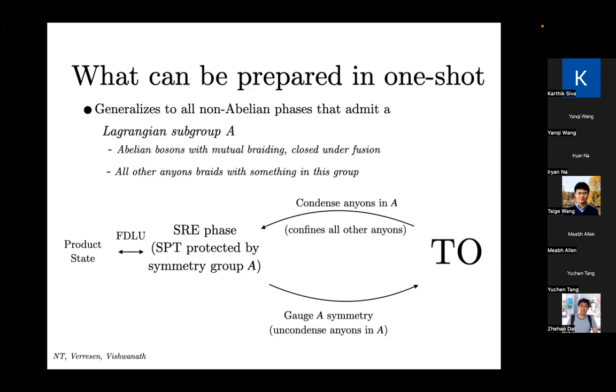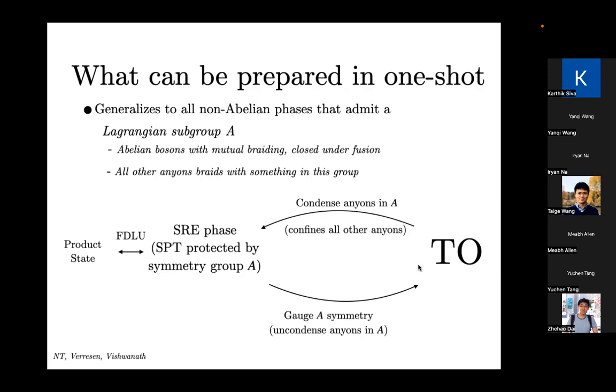So you can think of it as, let us start with this topological order. I can condense all my anyons in that set. That'll confine all the other anyons not in the set, because they braid non-trivially. I'll end up in some short range entangled state, which is protected by the symmetry group A. Then we know that this SPT phase can be prepared efficiently from a product state because it's short range entangled. And now you just need to gauge to go back.